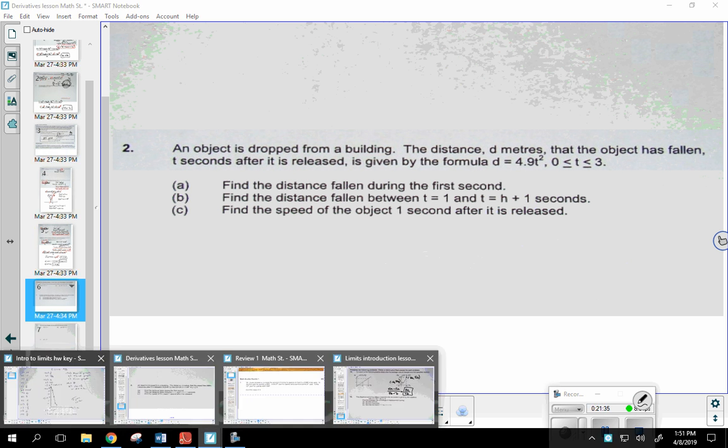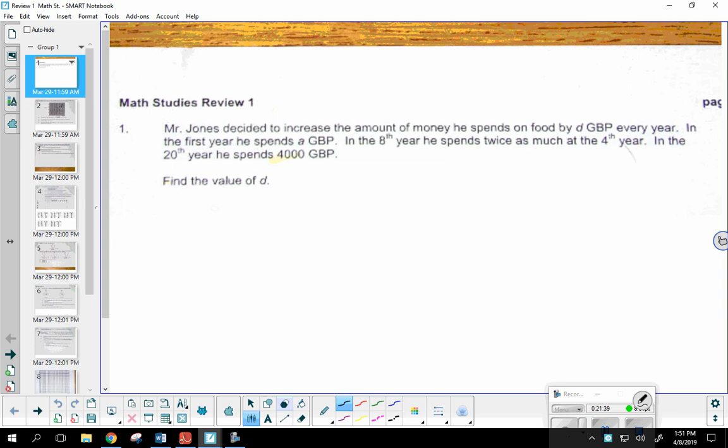Okay, so let's do this. I've been wanting to get to some of these because I'm ready to start reviewing, and I know you guys are the same way. How many people have had the opportunity to take a look at this review? At least number 1. Would you like to go ahead and do one of these together, or take the rest of the time to look over your homework?